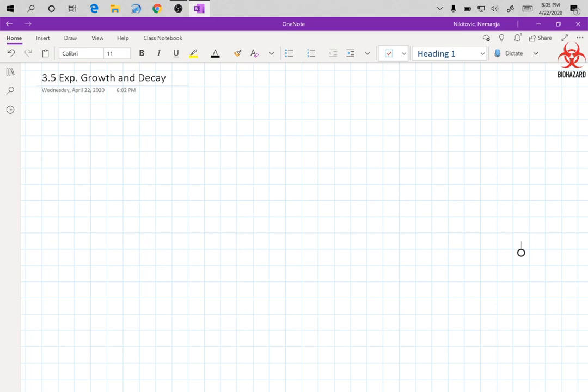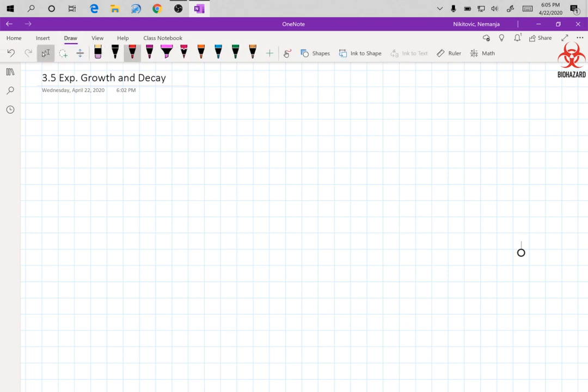So the main idea, the main formula for the whole lecture is to know y equals a e to the k x. That's our main equation we have seen before. It's the exponential function, and it's the one that we are going to use to deal with a lot of this stuff.